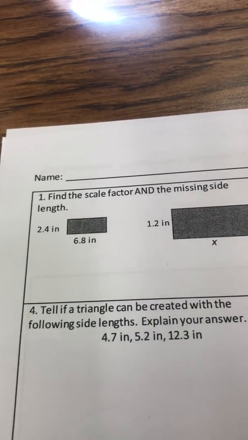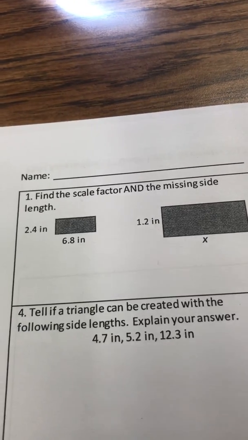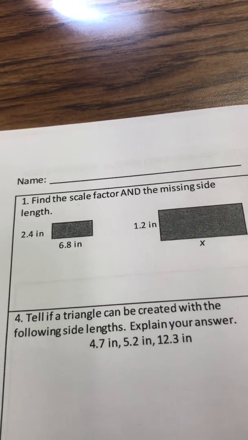The first thing that I'm going to do is find the scale factor. When we take the scale factor, we're taking the new divided by the old. So that's 1.2 divided by 2.4.